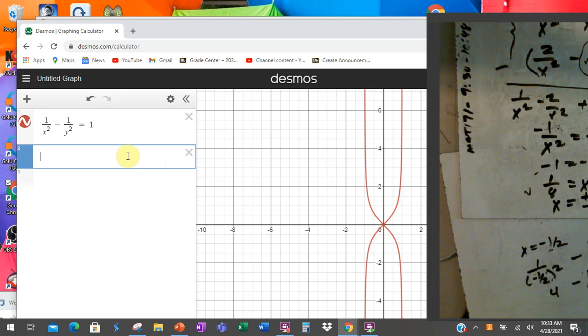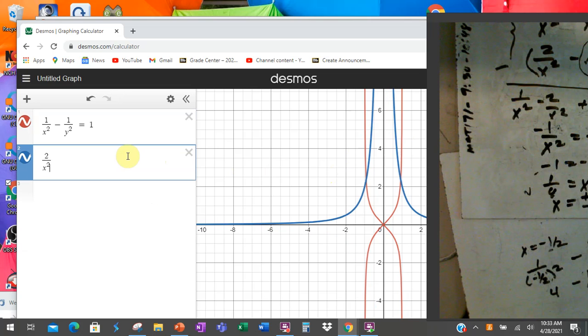And then 2 over x squared minus 1 over y squared is equal to 5.